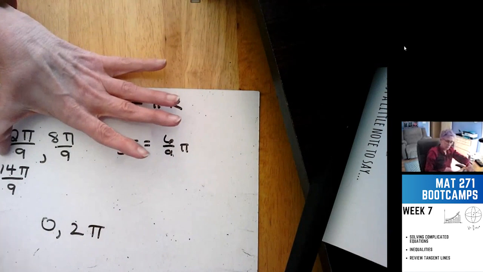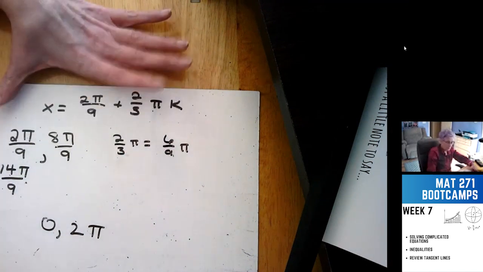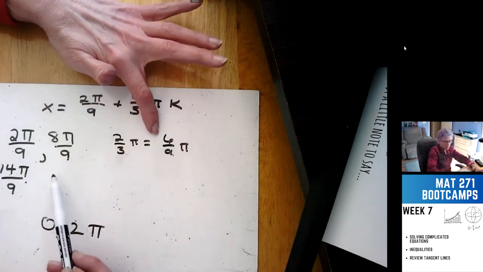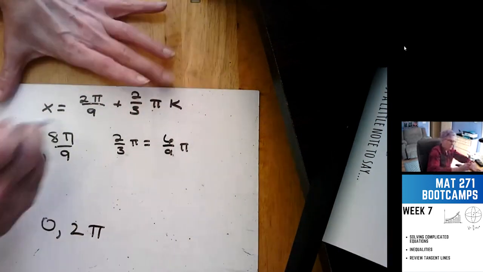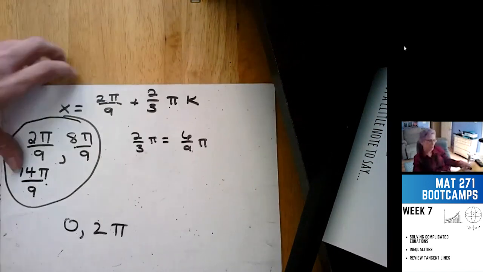Is that between 0 and 2 pi? Yeah, it is, because 2 pi would be 18 pi over 9. So that's a good answer. Let's try it again. 6 plus 14, 20 pi over 9? No, I can stop. Wow. Those are 3 of the answers.